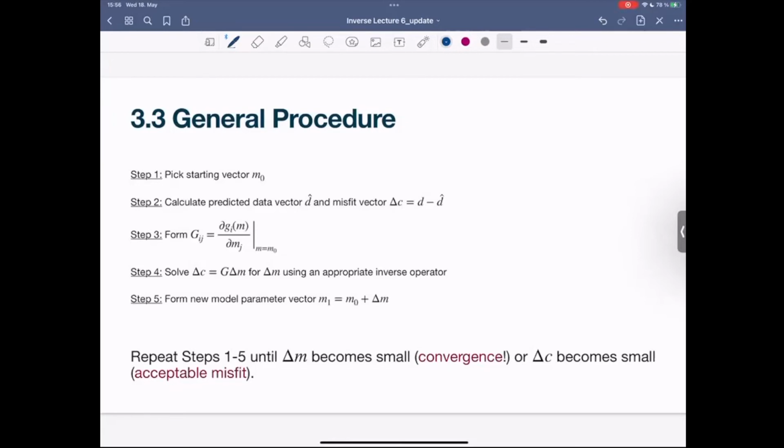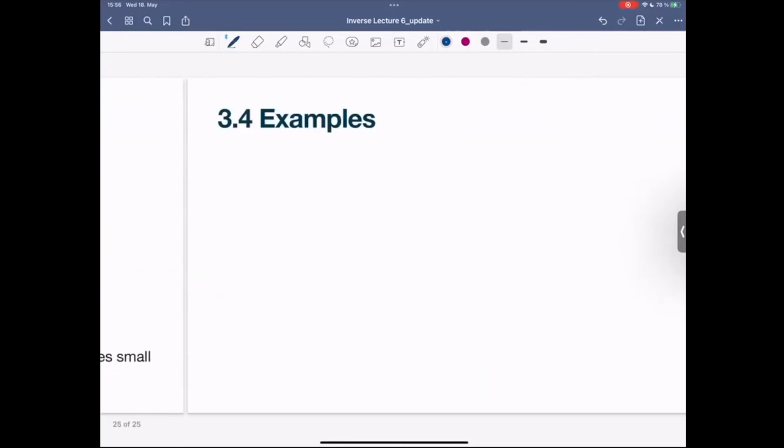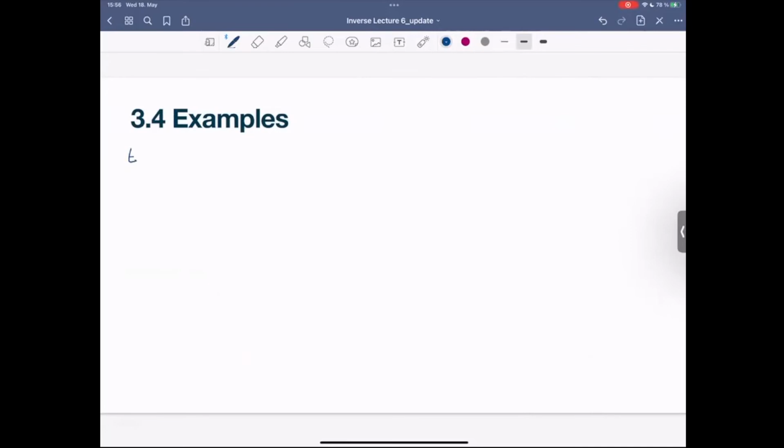While this looks very cumbersome, let's do this for a number of examples to show you how this works. Let's start with the first example, where we consider a linear problem.